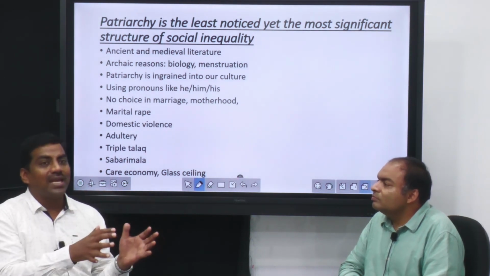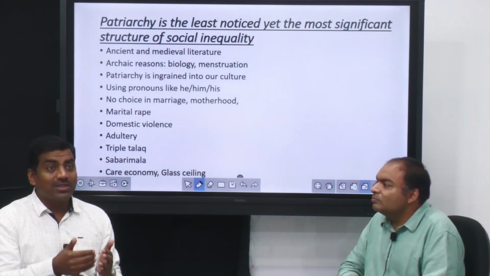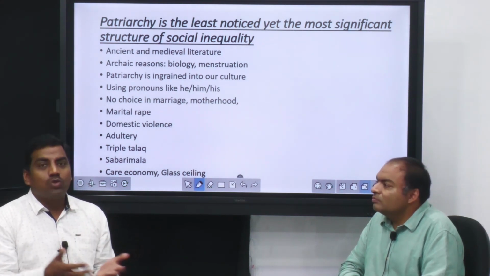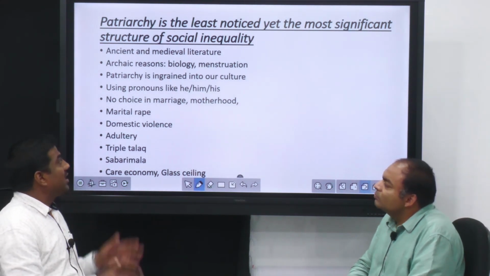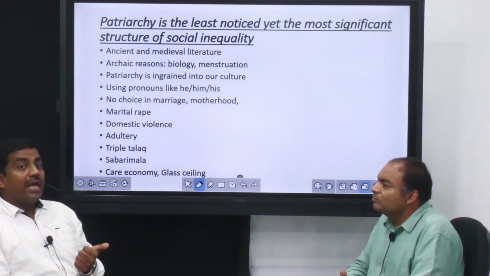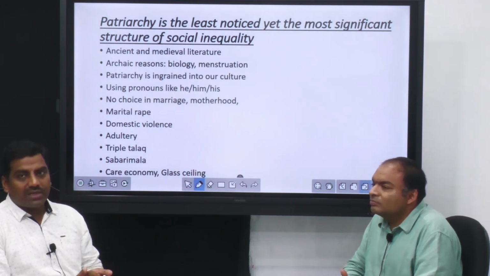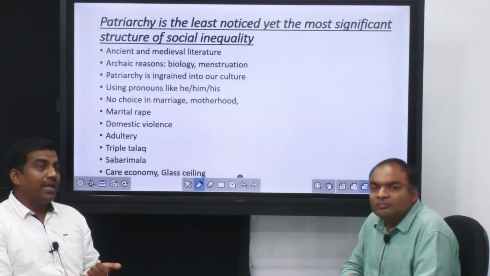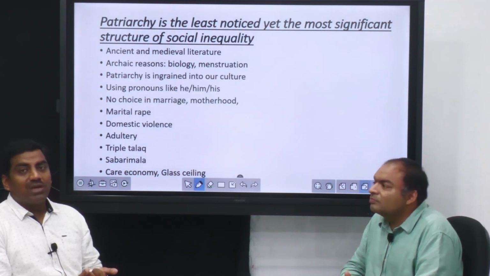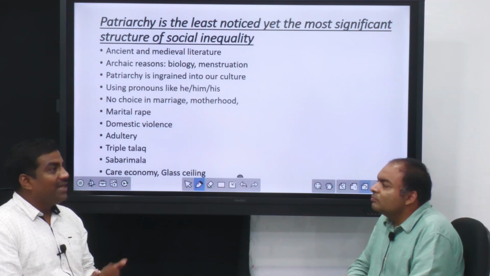Since she is a girl, she can't do this. But as far as the boy is concerned, those notions will not come. And the choices of hers are dictated by many factors. Her security is one factor, and her safety is another. When it comes to her liking, hardly those things matter.